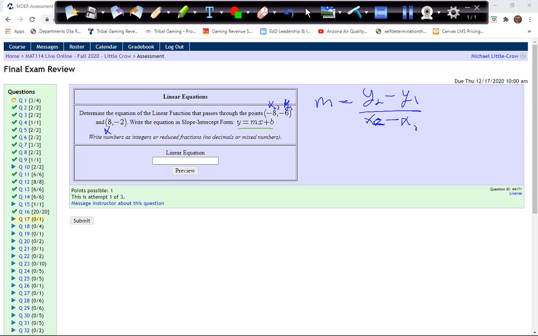And then we could call this x2, y2. We'll take the y's on the top, so maybe -6 minus -2. And in the bottom, we'll take our x's. So I start with -6, so let's start with -8. That's the main thing you have to do. And then I've got an 8 here.